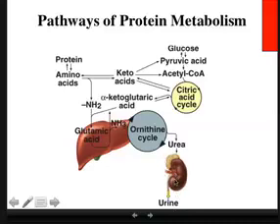So we always want to be conscious of the fact that every time we take in protein, we're taking in amino acids, and we have to be conscious of the nitrogen balance. We always want to be taking in as much nitrogen as we're eliminating. Otherwise, we're going to have a problem. If we're taking in more nitrogen than we're eliminating, that could mean one of two things.